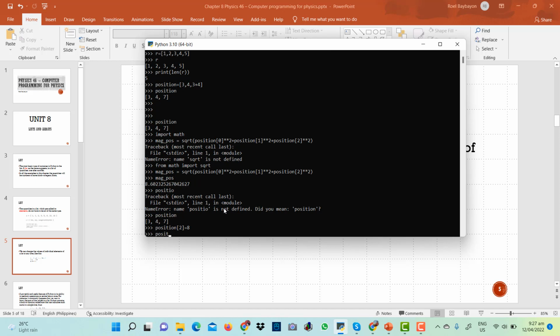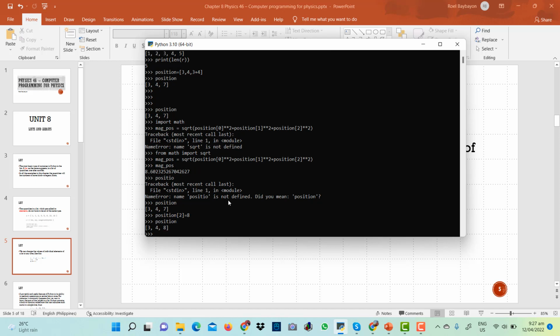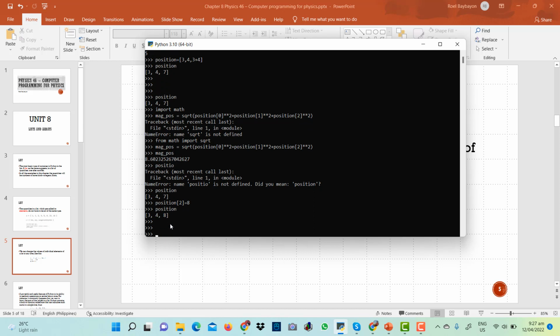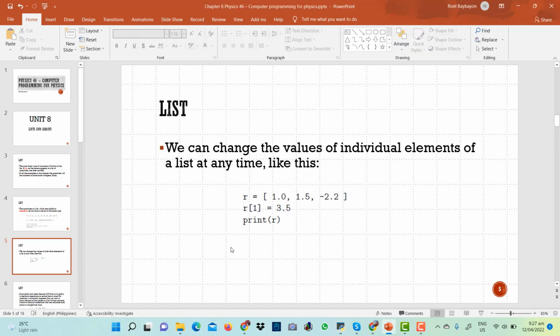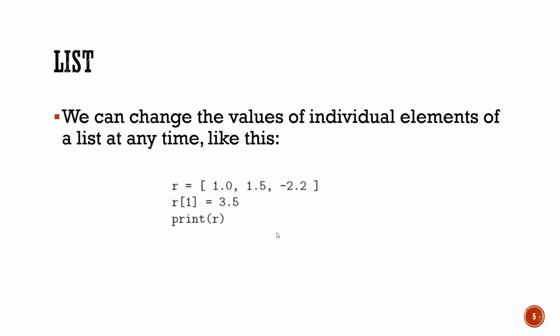So if I print position now, it will update into this. Instead of 347, it changes into 348. So I can change the values of each element in my list just by using this.